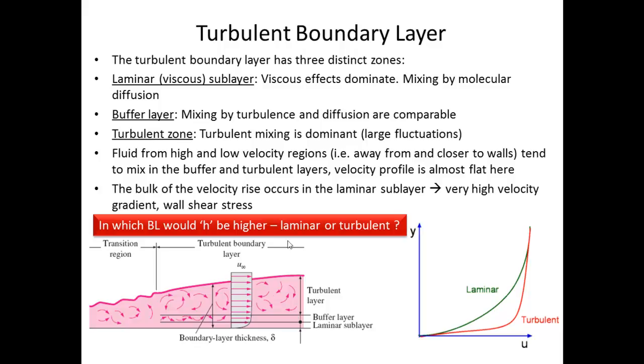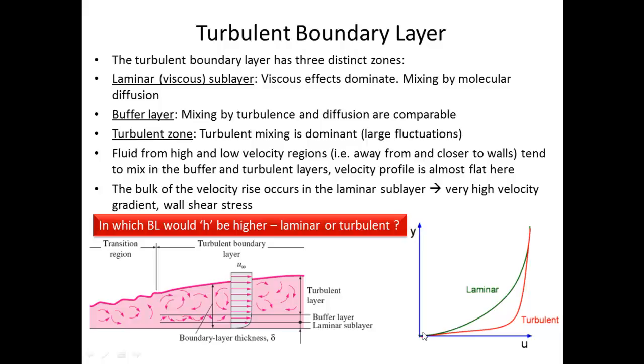Because of the mixing happening in the turbulent and buffer layers, we have almost uniform velocity in these two layers. So there is hardly any velocity variation occurring in the buffer and turbulent layers. So we can find a very flat velocity profile in these two layers. And that also means that the bulk of the velocity rise occurs in the laminar sublayer.